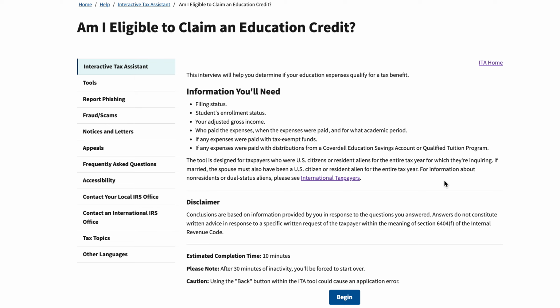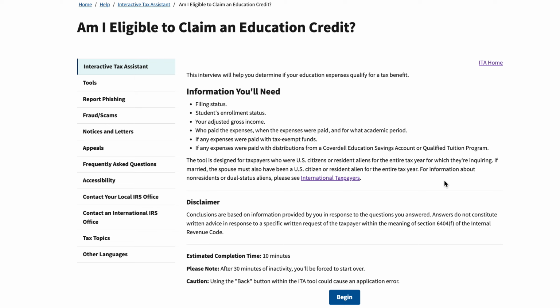So you need records that reflect that. You need to know whether any of those expenses were paid with tax-exempt funds and whether they were paid with distributions from either a Coverdell Education Savings Account or a qualified tuition program, also known as a 529 plan.